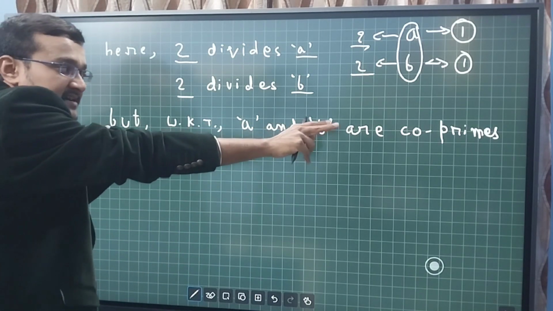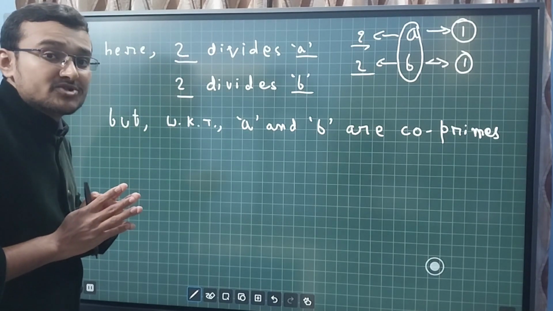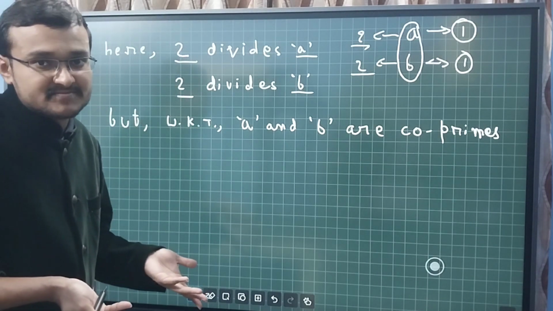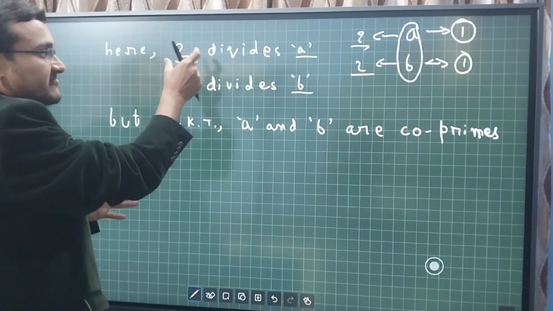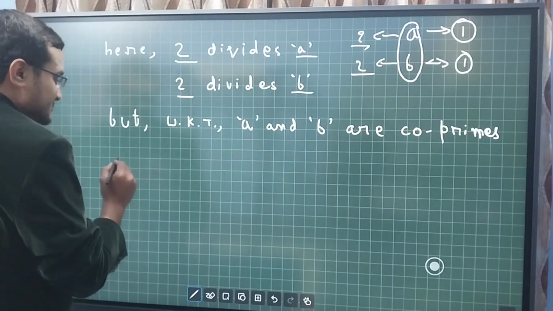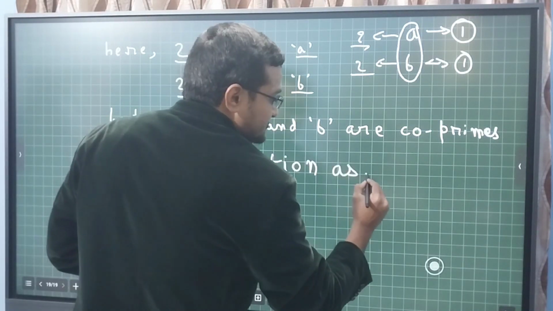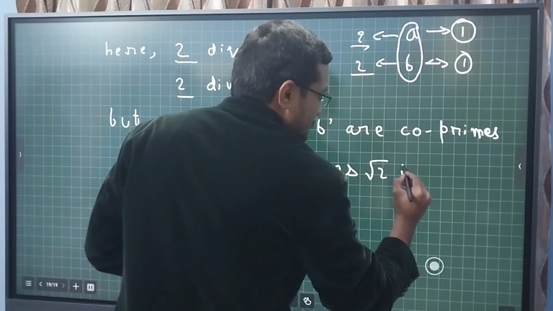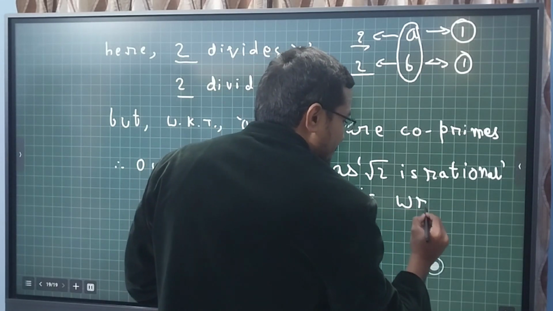Here we have taken A and B as co-primes, but here we have proved that A and B are not co-primes. So therefore, our assumption that root 2 is rational is wrong.